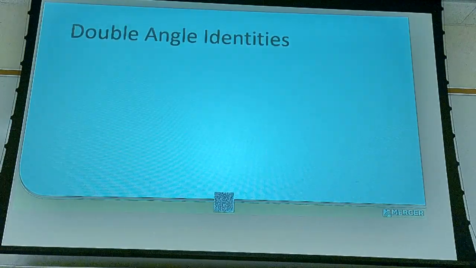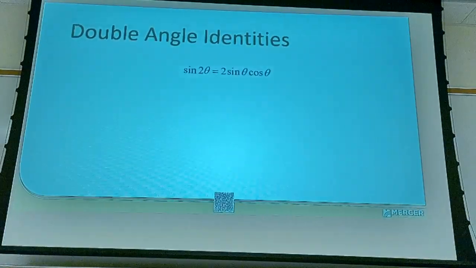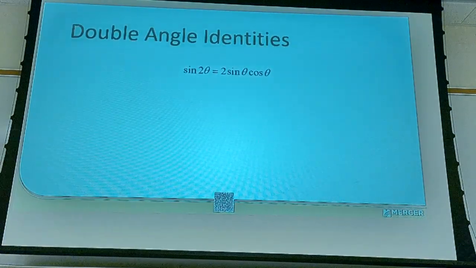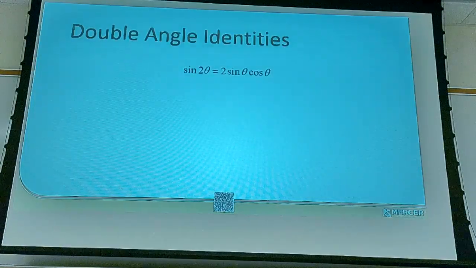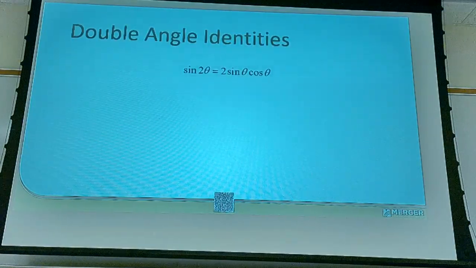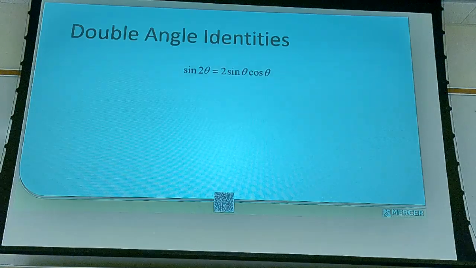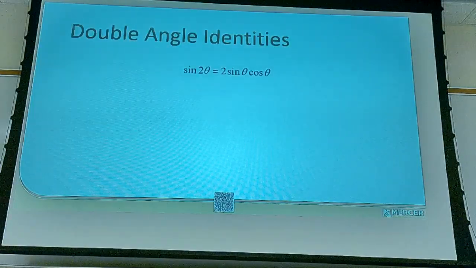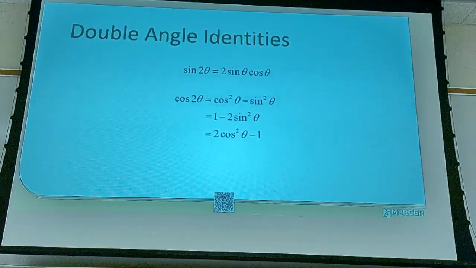Double angle identities for three of the trig functions. First, we have sine. Sine of 2 theta is 2 sine theta cosine theta. For cosine, we actually have three forms of the identity. The most commonly used one is cosine 2 theta is cosine squared theta minus sine squared theta.